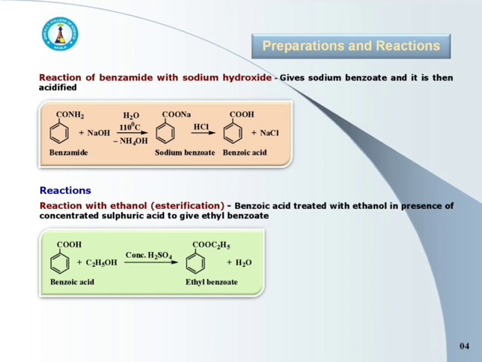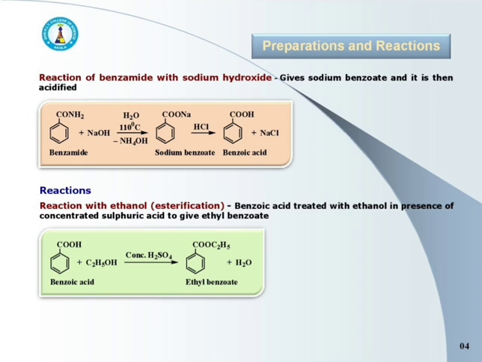On acidification, it gives benzoic acid. What is the reaction? Benzamide and aqueous NaOH react at about 110 degrees centigrade to produce the sodium salt of benzoic acid, that is, sodium benzoate, which is then hydrolyzed using HCl to give benzoic acid.